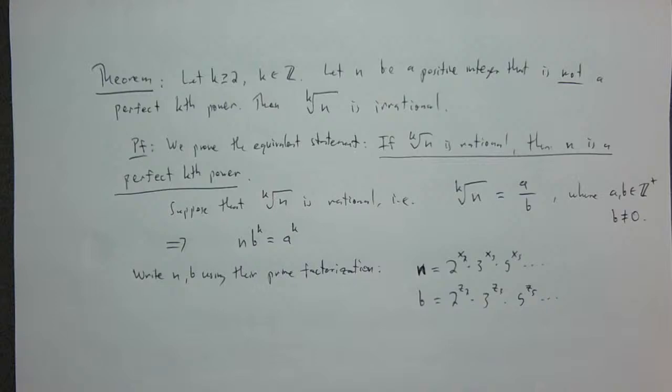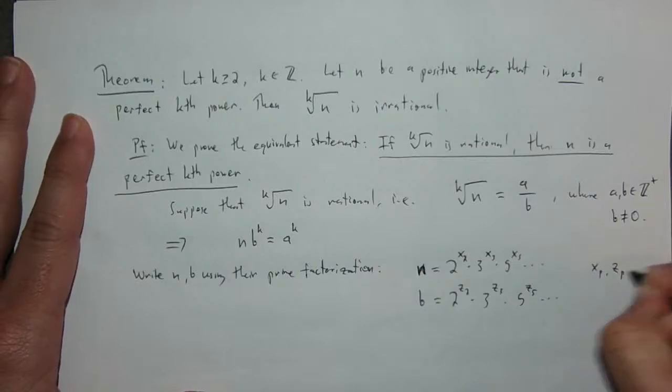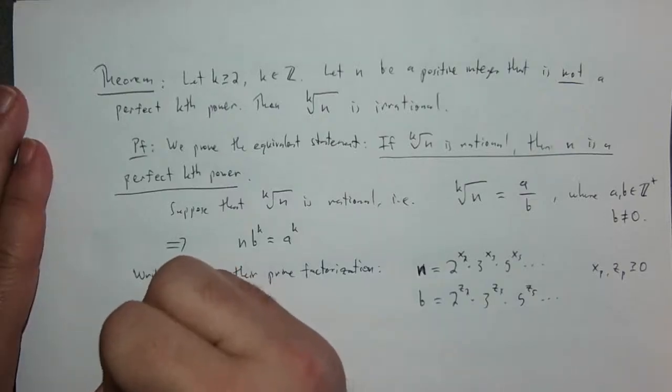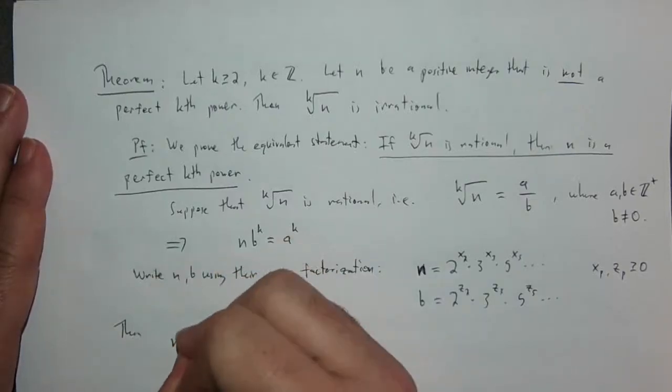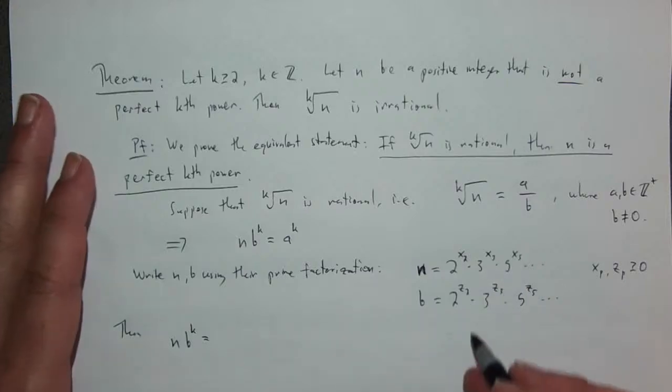Okay. Well, then, and of course these x sub p, z sub p are non-negative. Then n times b to the k is equal to, so each of these exponents is going to be x sub 2 plus k times z sub 2, x sub 3 plus k times z sub 3, and so on.